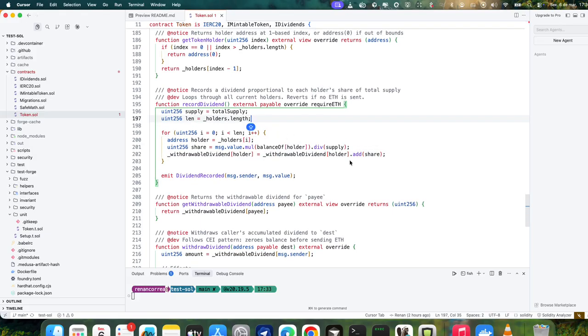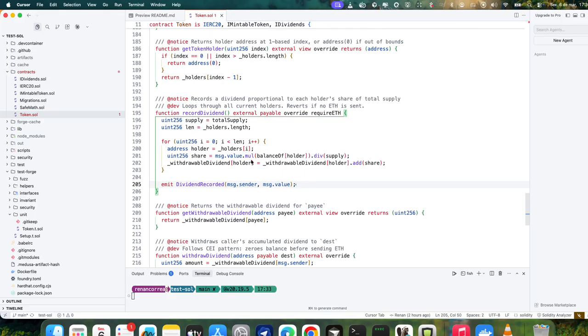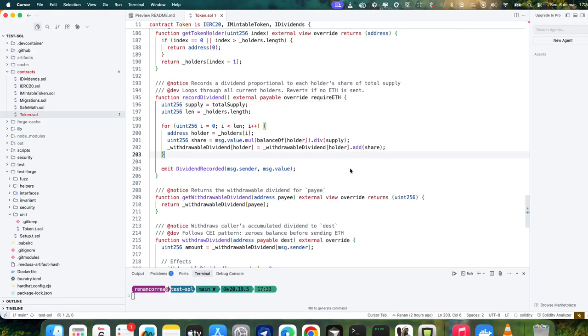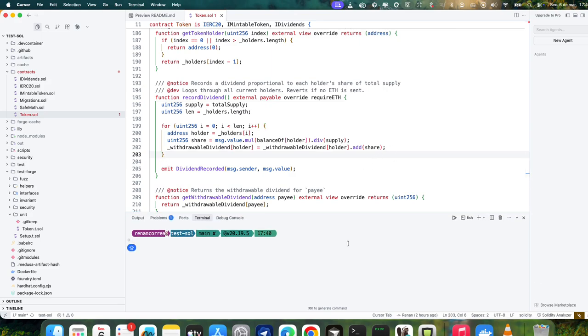So if someone receives dividends and then transfers their tokens, they still keep their accrued dividends. This is by design and matches the test expectations. The withdrawDividend function also follows CEI. It reads the amount, zeros the balance, emits the event, and only then calls transfer. This prevents double withdrawal via reentrancy.